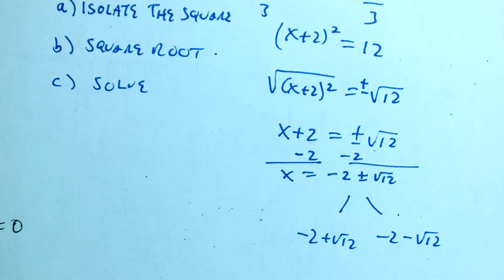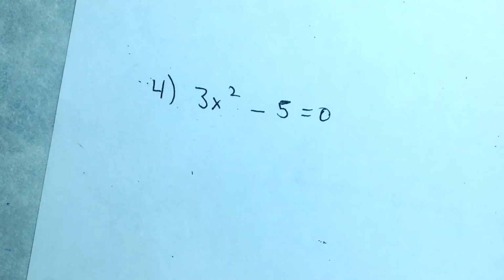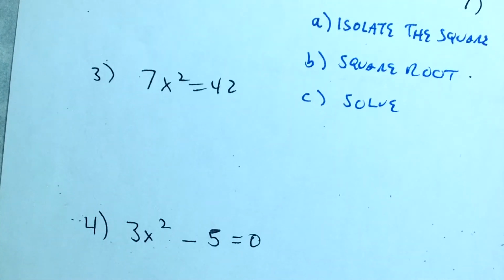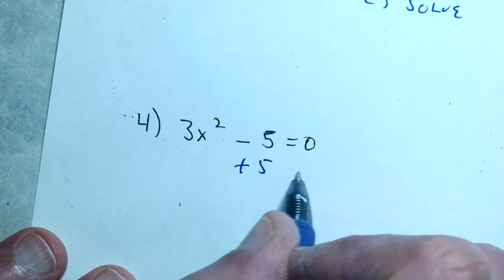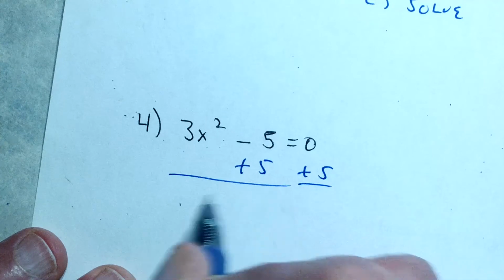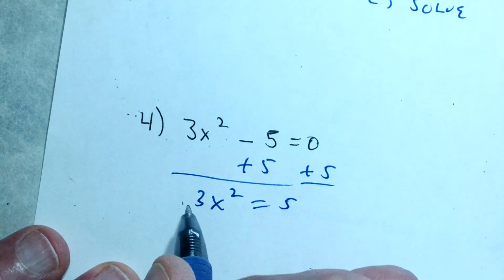Let's just take a look at one more if we had a problem like this right here. So here, once again, following these steps up above, the first thing we're going to do is isolate the square. So I'm going to go ahead and add 5 to the other side. Then I'm going to divide by 3.